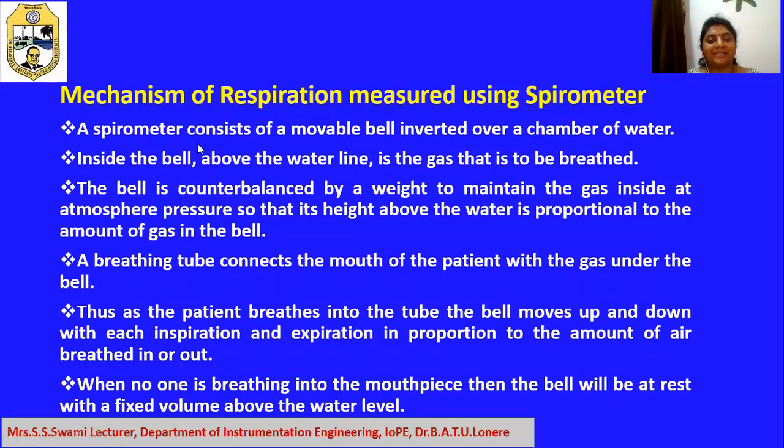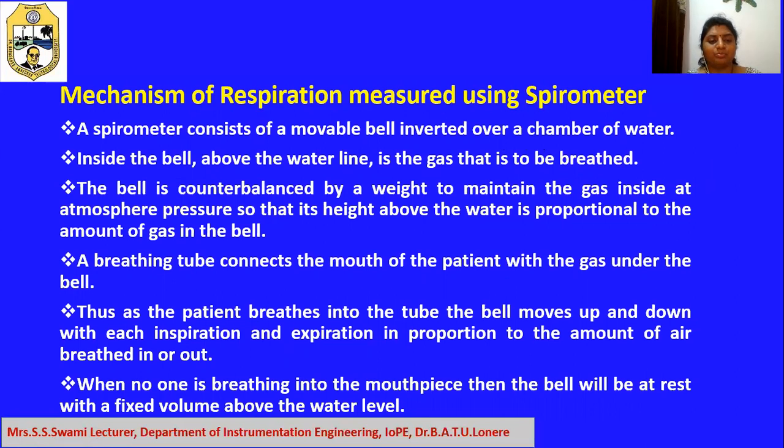A spirometer consists of a movable bell inverted over a chamber of water. Inside the bell, above the water line, is the gas that is to be breathed. The bell is counterbalanced by a weight to maintain the gas inside at atmospheric pressure, so that its height above the water is proportional to the amount of gas in the bell.